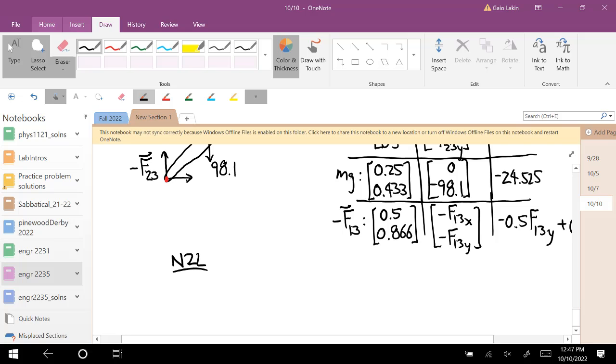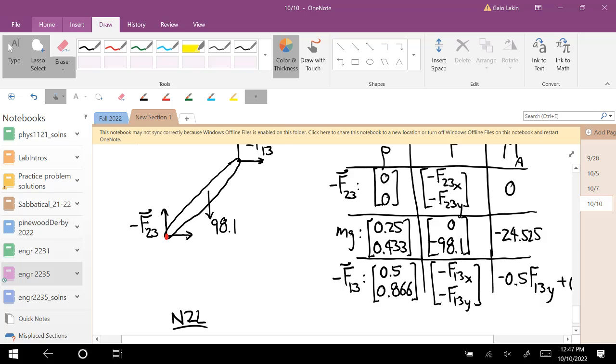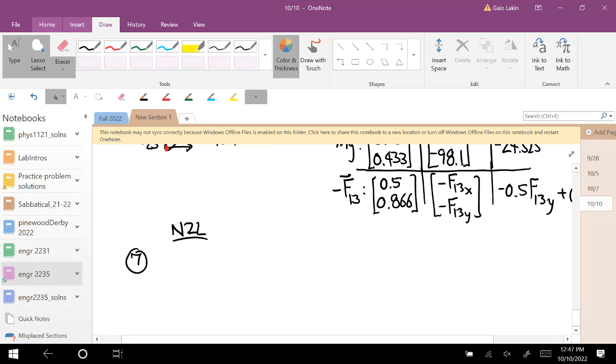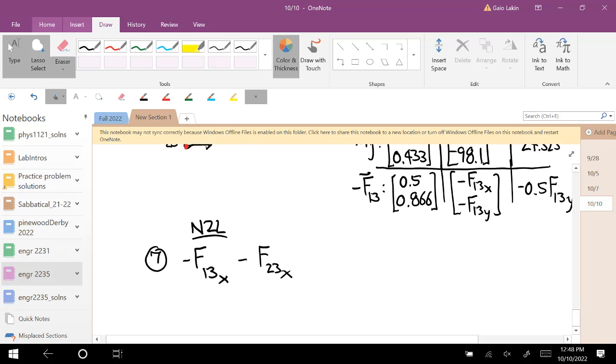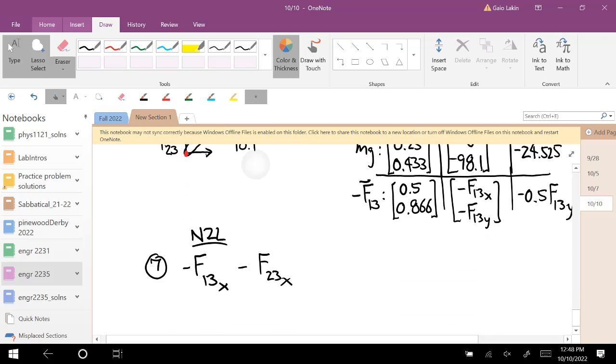And so the equations, we've done 6 so far. So equation 7 is the x components of Newton's second law. I'm going to change the order a little, but I'm just going through the equation. Negative F13x minus F23x is equal to 0.